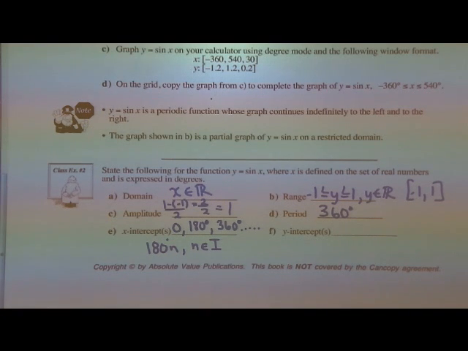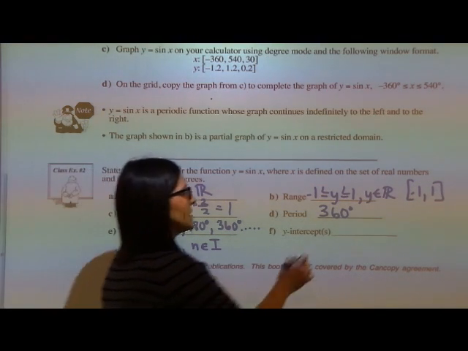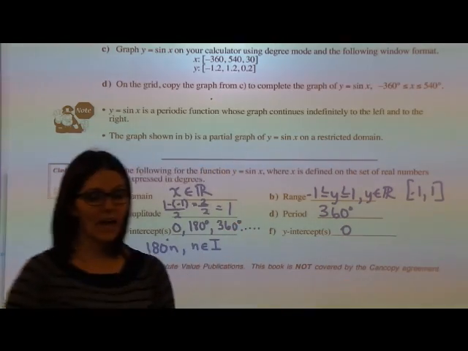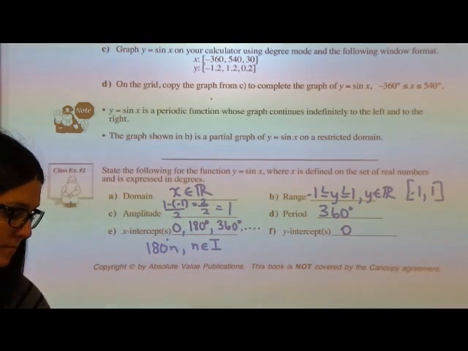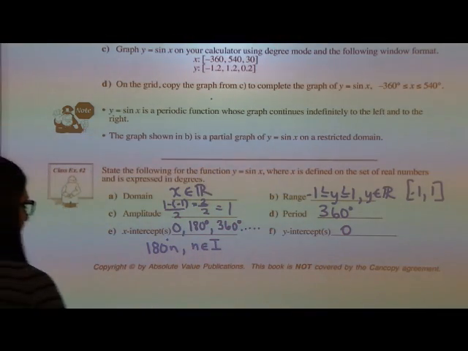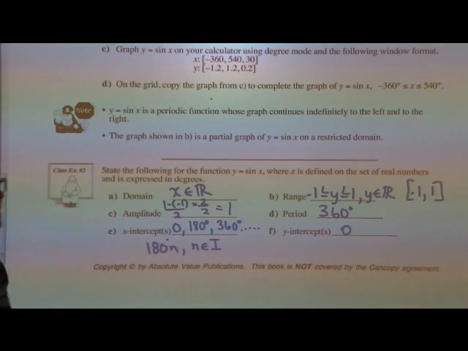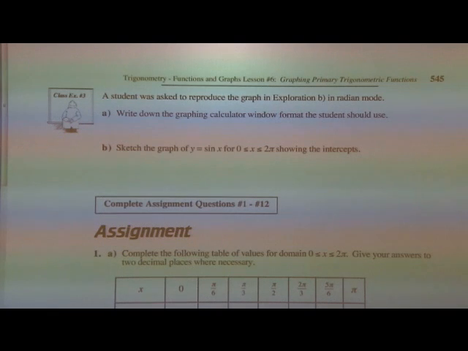And then the y-intercept. Where does it cross the y-axis? At 0. Okay? So then the next part changes this. Instead of going from degrees, we're going to look at this in radian mode. So it says write down the graphing calculator window format the student should use.